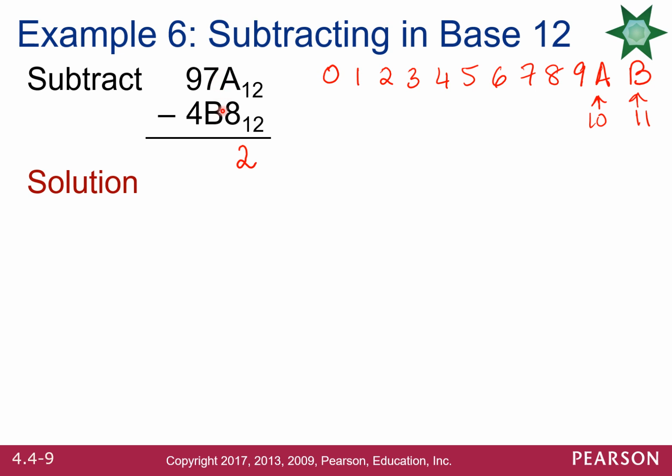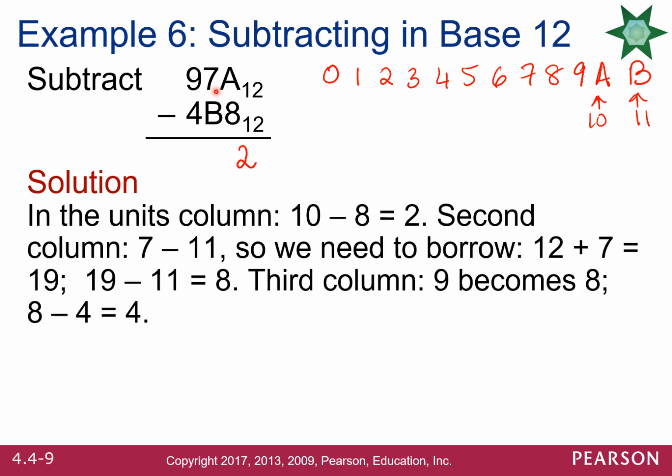So 7 is less than 11, so we have to do some borrowing here. We have to borrow a bundle from the column to its left, but this time the bundle is going to be that of 12.